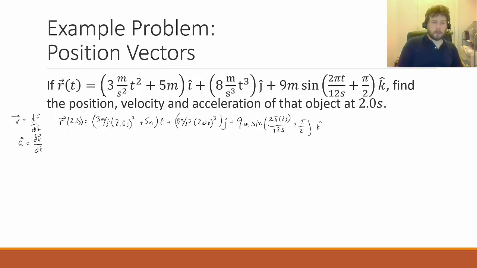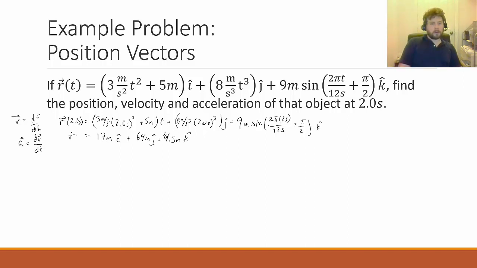Now I just have to plug those into a calculator. What you get is 17 meters I hat plus 64 meters j hat plus 4.5 meters k hat.